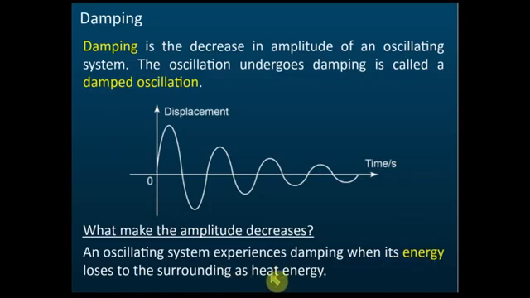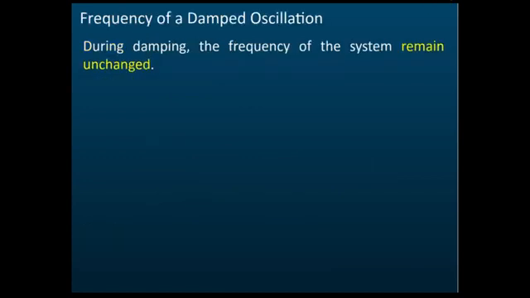So when there's friction, it loses energy to the surroundings, then it undergoes damping. But for damped oscillations, the frequency of the system remains unchanged. The frequency is still the same, only the amplitude decreases over time.